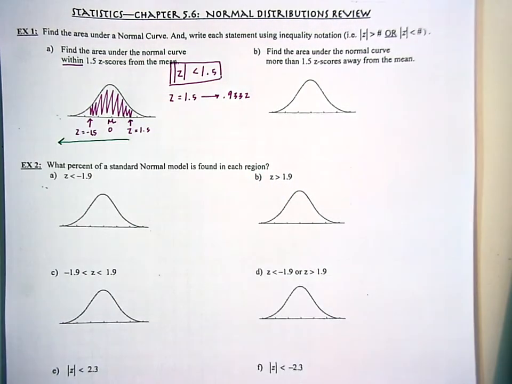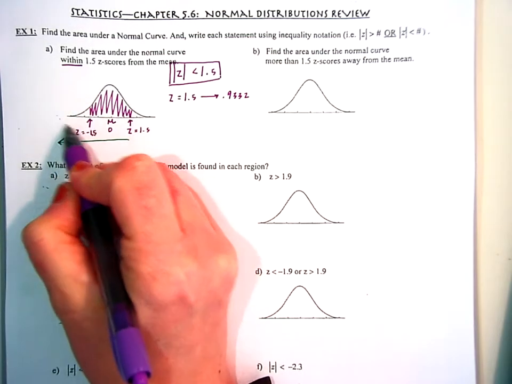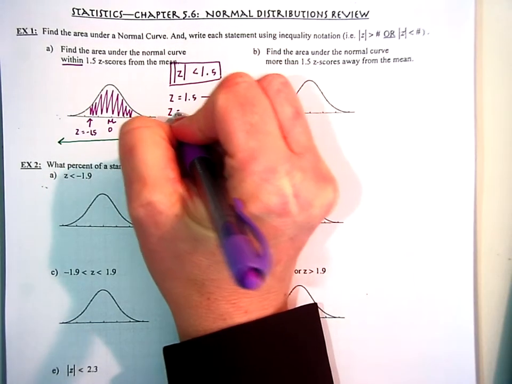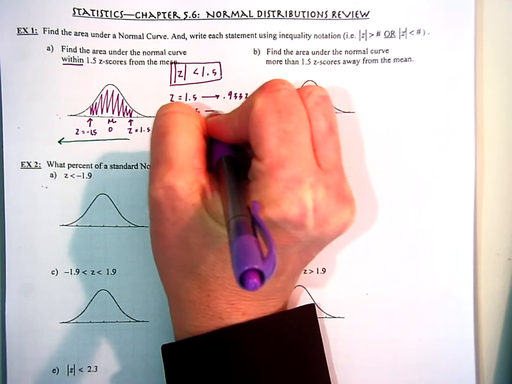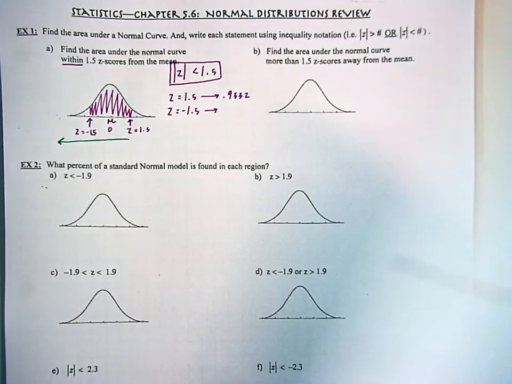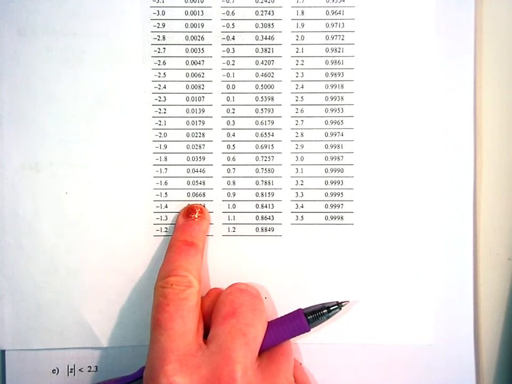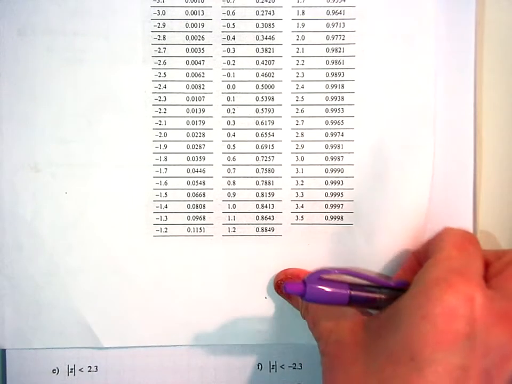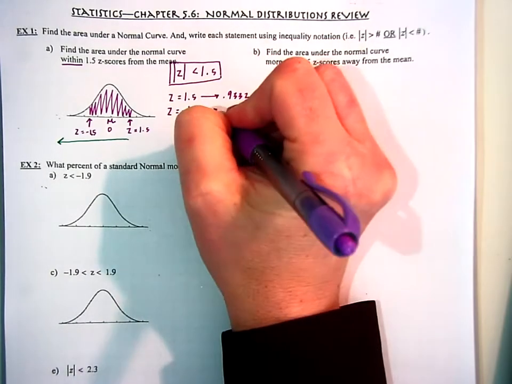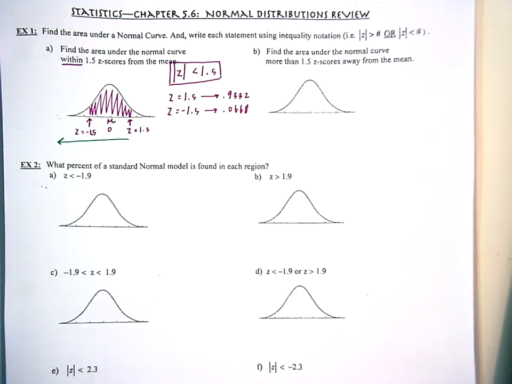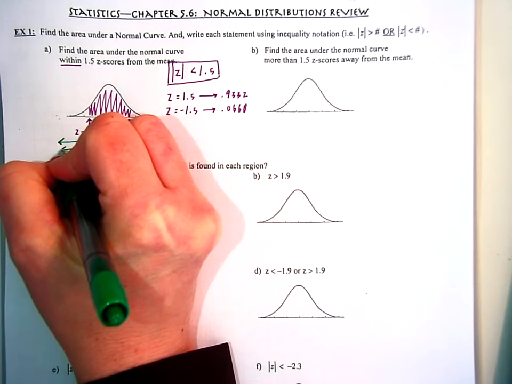Okay, I'm going to also need this area, the proportion that's below a z-score of negative 1.5. So if I look at my z-score chart and I look at the negative 1.5, right here, I see 0.0668. So that's telling me this area right here.